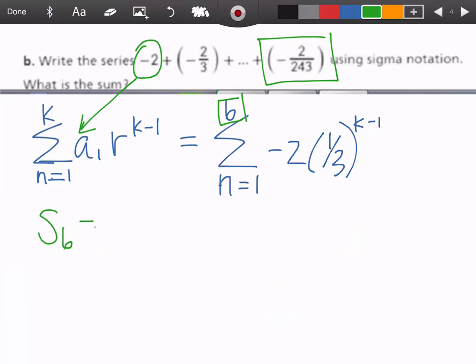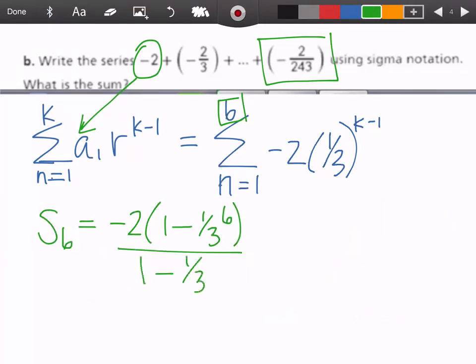So it's going to be S sub 6 is equal to the first term times 1 minus the common ratio raised to the 6th over 1 minus the common ratio. And simplifying that, we get a sum of -2.996. And that was our last example.